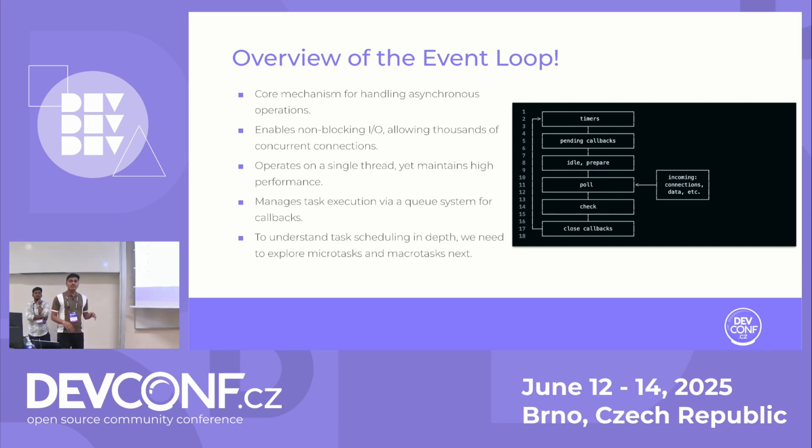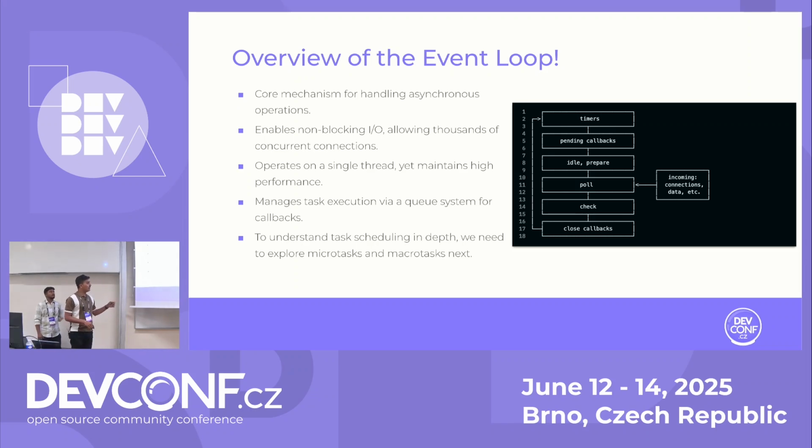Even though JavaScript or Node.js is single-threaded, it can maintain high performance because of the event loop which runs in the background. How it manages task execution is there is a queue system for the call stack and the job stack, which runs in the background with the event loop, and enables non-blocking input-output operations.